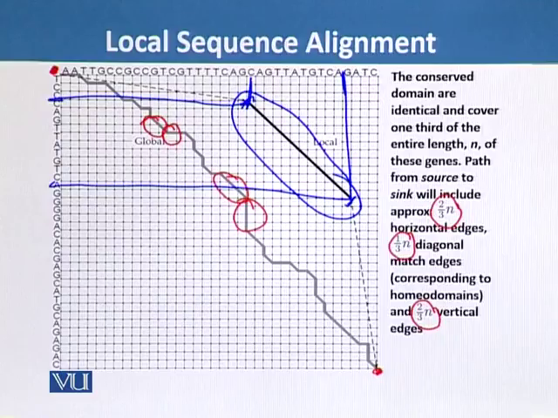So there is no penalty in this local alignment, and all the nucleotides are matches and will be awarded a +1 score for each match. So we can see very easily that the total score for the global alignment will be much less as compared to the local alignment score.